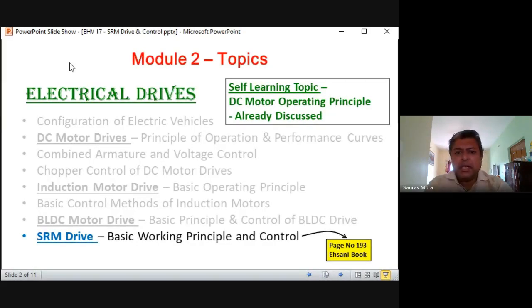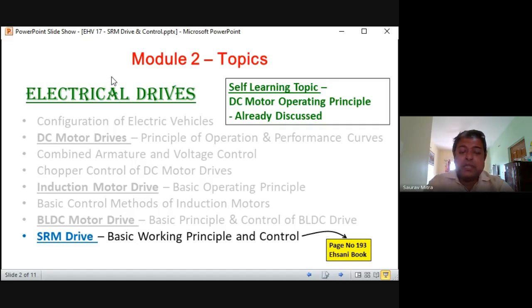But I have not taken much from Ehsani's book because they have gone too much into details of SRM. My main aim in this lecture is not to go too much into electrical drive based SRM.